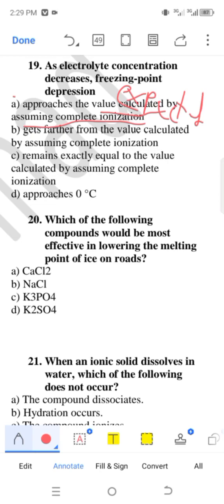So A is the correct answer because it approaches the value calculated by assuming complete ionization. Because as I told you, whenever the concentration decreases, the actual approaches toward the expected values.